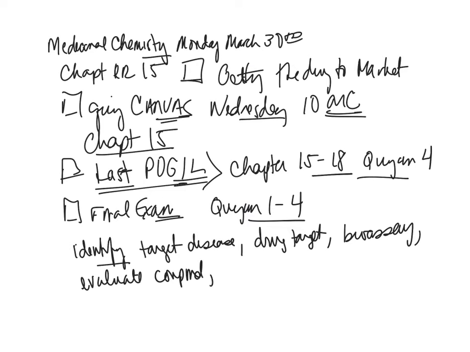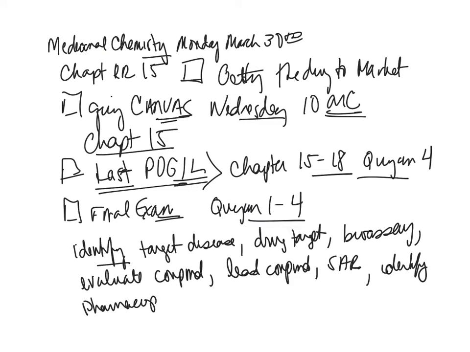As a medicinal chemist, you found a lead compound, and then you did structure activity relationships because you wanted to optimize that. You identified through that process the pharmacophore, which is the required minimum structural parts of the molecule that are important for bioactivity.